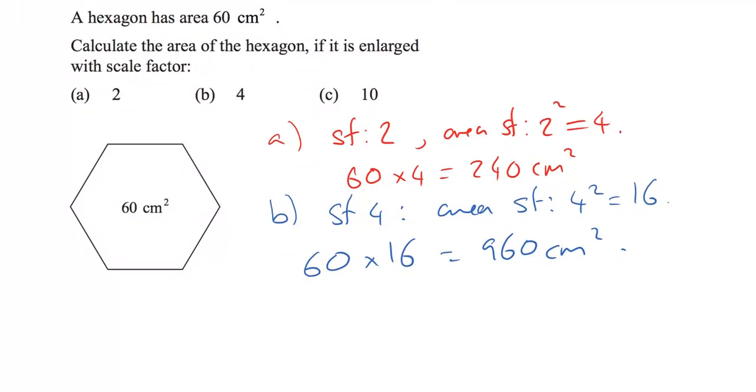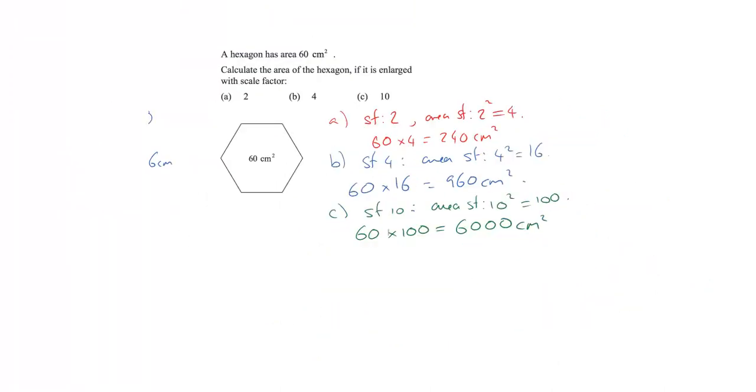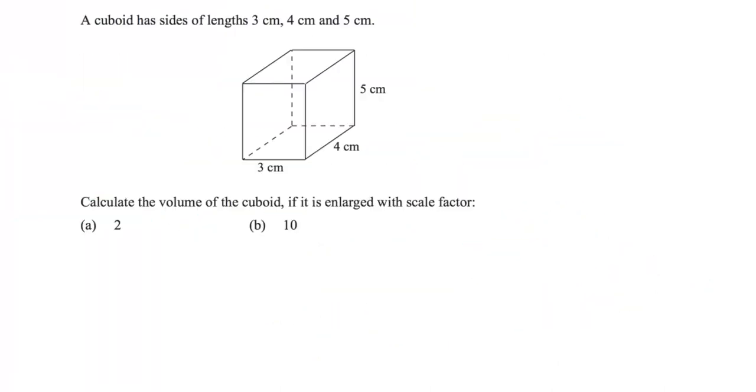Finally, part C, I've got a scale factor of 10, which means that the area scale factor is going to be 10 squared, which is 100. So if I do my original times 100, my answer is 6,000 centimeters squared. Okay, hope that made sense. Let's move on to the next example.